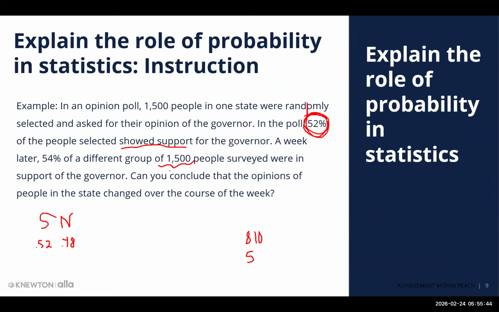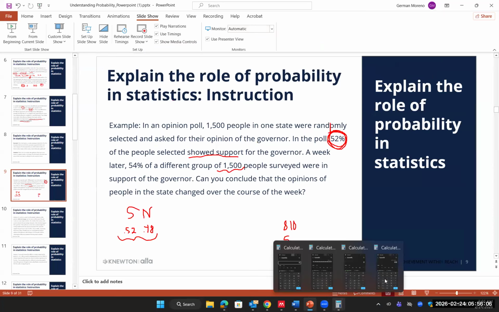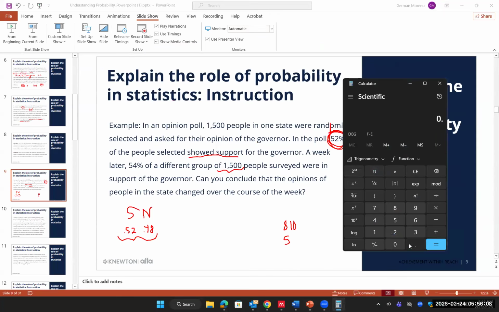So the question is, what were we expecting? Well, based on this theoretical probability, we were expecting 52% of the 1,500, which is 780.